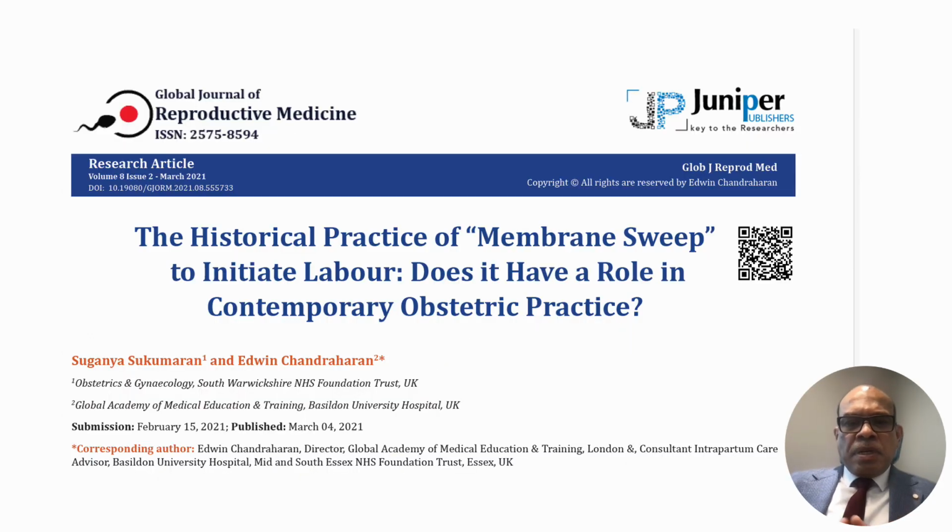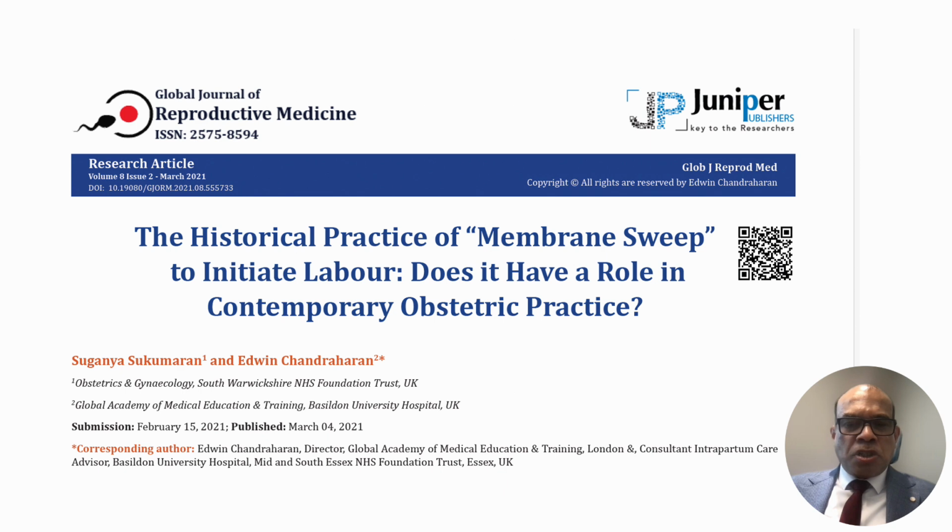So when we published this opinion paper in 2021, it was based on both scientific evidence and common sense, where we said this is no longer an acceptable practice in contemporary obstetric practice in countries where vaginal prostaglandins are available to induce labor.